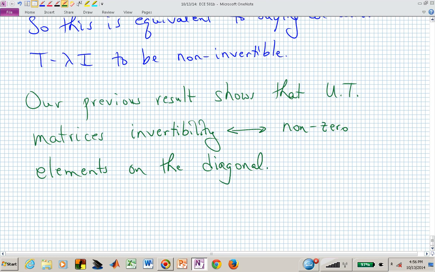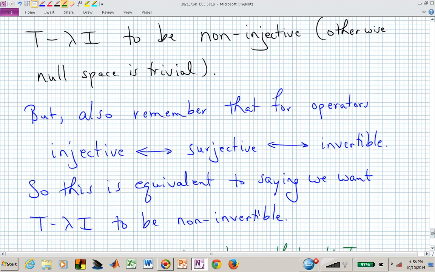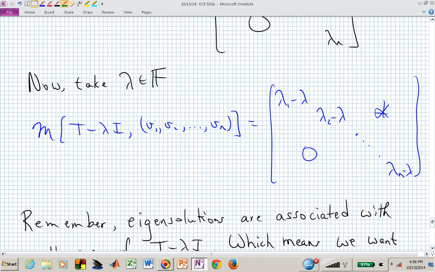So if we don't want invertibility, then we need those diagonal entries to be 0. But those diagonal entries are now lambda 1 minus lambda. That needs to be 0.